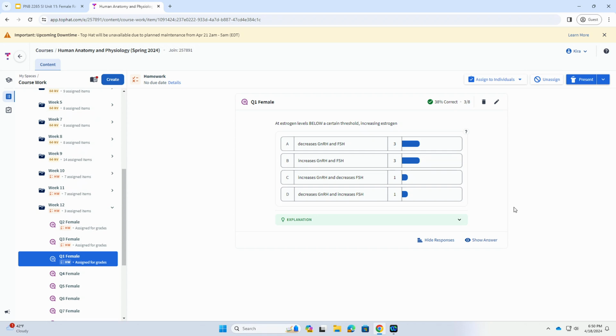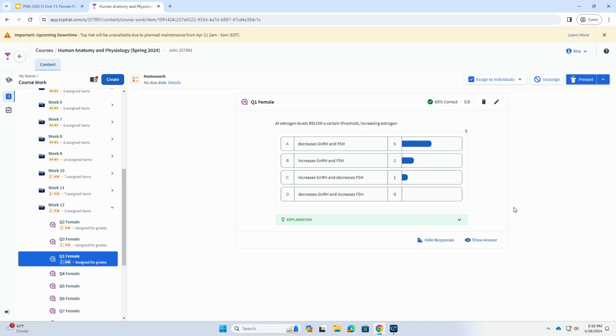So when estrogen levels are low, there's an inverse relationship between estrogen and FSH. So that means increasing estrogen below this threshold would decrease FSH. And we see that here. So say that's the threshold for estrogen.